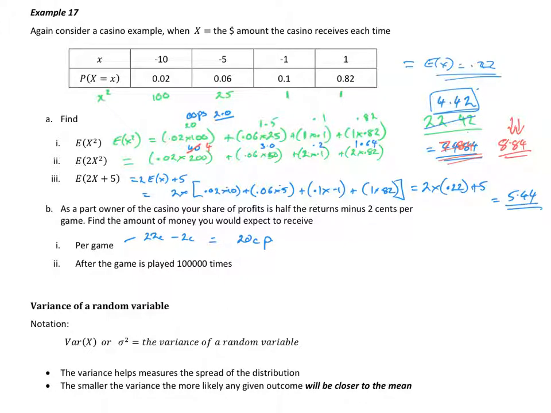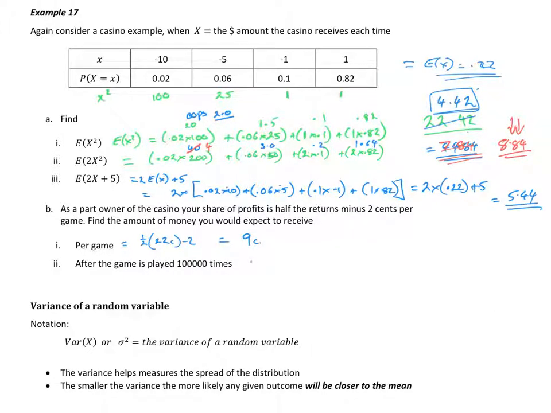Half the returns, oops, my bad. So half the returns, which is 11 cents, minus 2 cents, that makes it 9 cents. So let's set that up mathematically: half of the returns, which is half of 22 cents, minus 2. So I get 9 cents per game.